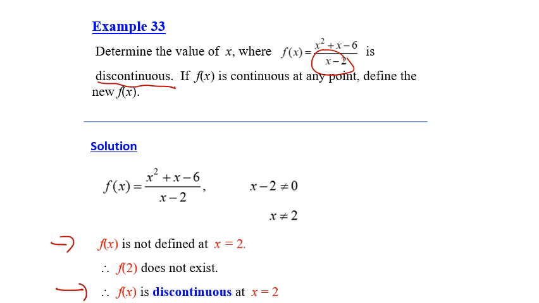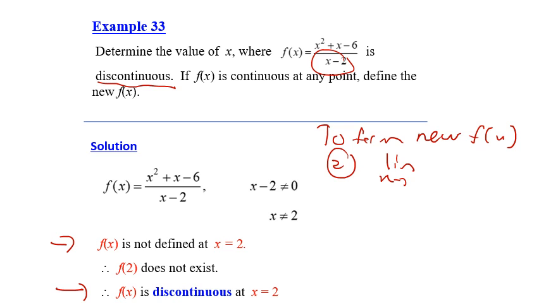To form the new f(x), we proceed further with condition 2, that is, the limit exists. If the limit exists, we check the left-hand limit and equate it with the limit from the right.